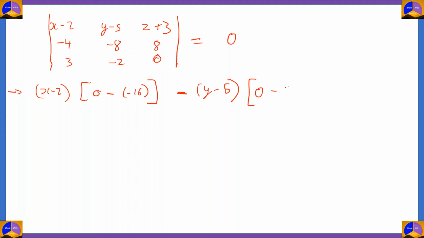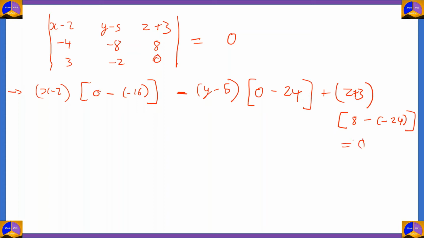Minus 3 times 8 is 24. Plus the last term, z plus 3, into minus 4 times minus 2 is 8, minus of minus 24. And the whole term will be equal to 0.